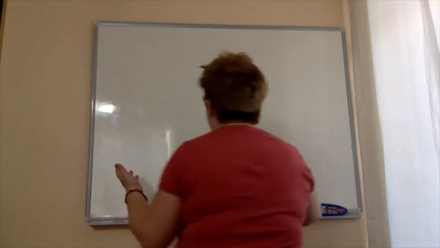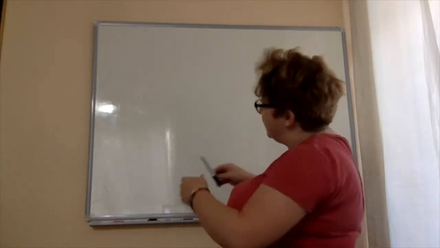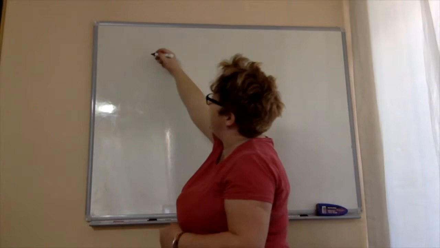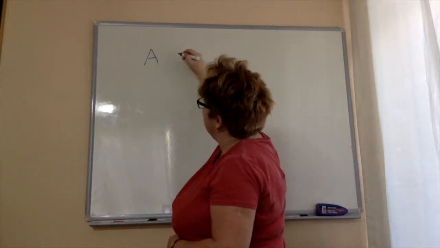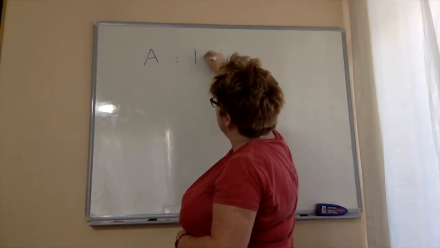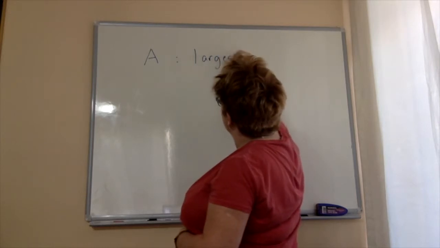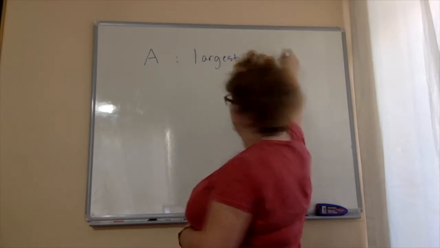Okay, so if there's a finite number of primes, then we can say that there's a number A, which is the largest prime. Okay?